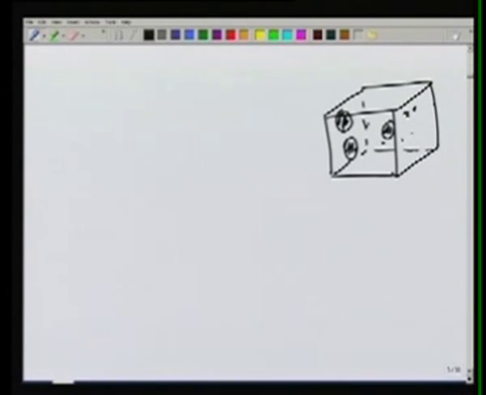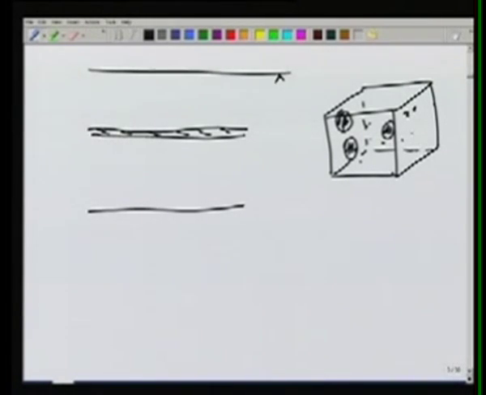We have already discussed that we will only consider saturated flow conditions, so there is no air inside this. Now this volume is subjected to some pressure, and we will start with the confined aquifer case, because that's easier to derive.